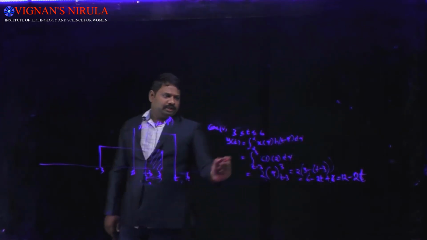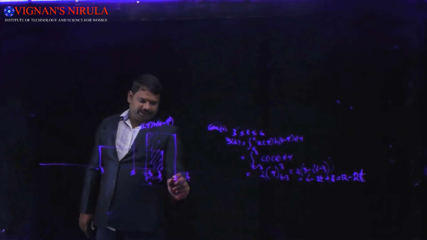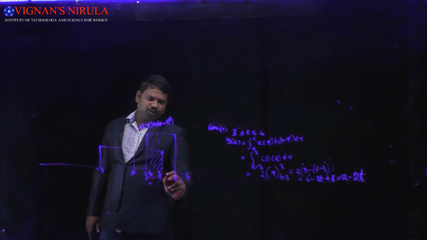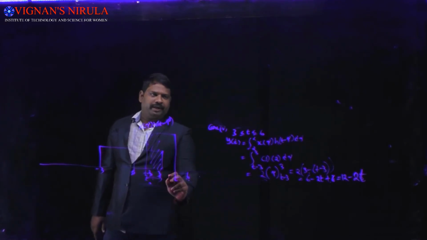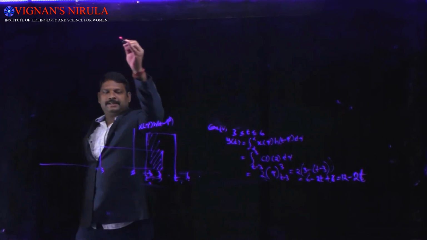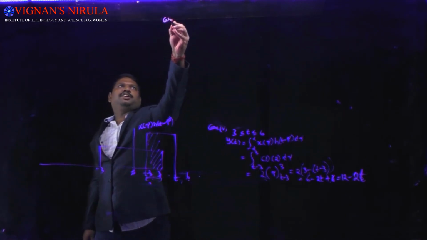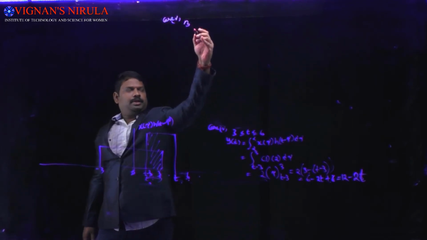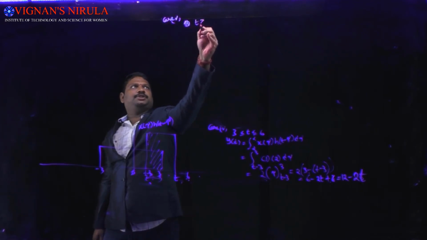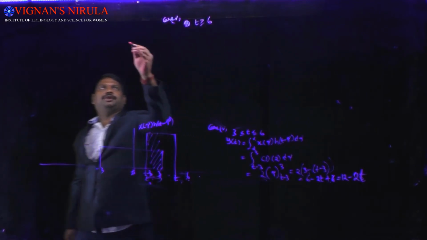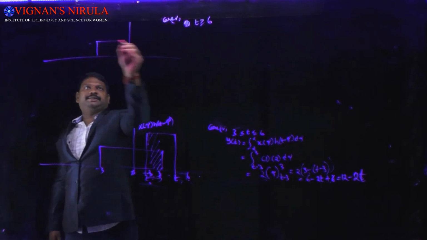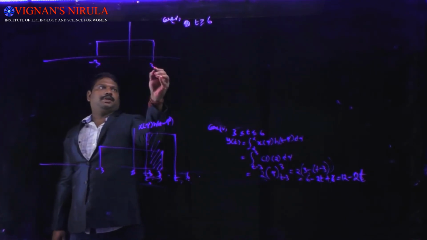Next one. The next case is where t will be greater than 6 and t minus 3 will also be greater than 3. That is the case 5, t greater than or equal to 6. The first signal will be as it is from minus 3 to plus 3.